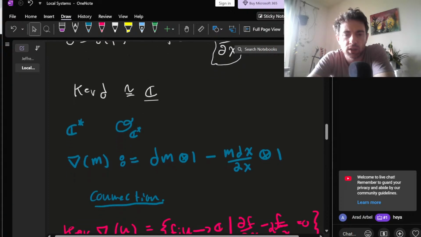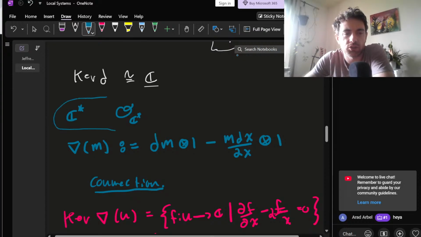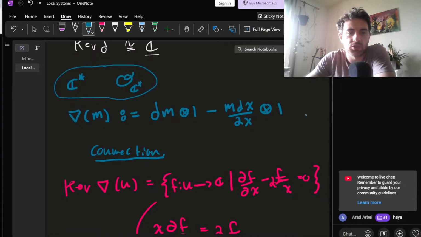Yes. So we had this example of a connection on the non-zero complex numbers and the structure sheaf on there. And I wanted to look at this example of a connection.